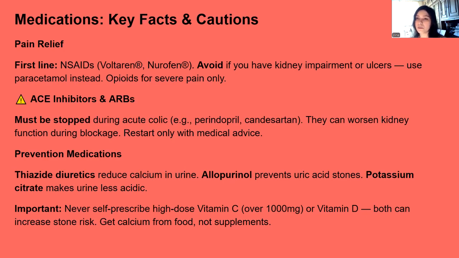If urine is quite acidic, we can give potassium citrate to prevent future kidney stones. So it's very important not to self-prescribe high dose vitamin C and vitamin D, because it also increases the chance of having kidney stones.